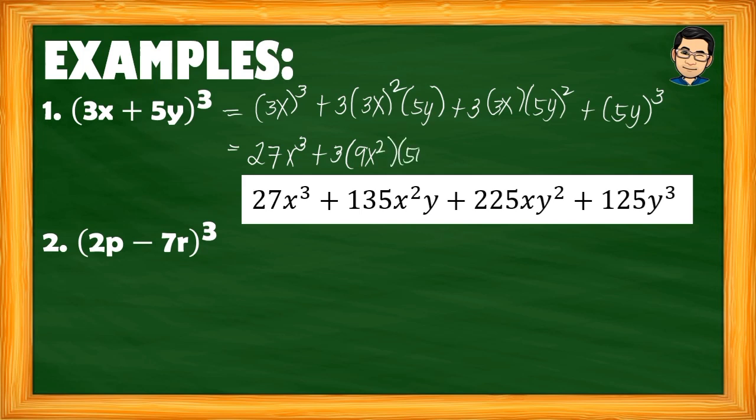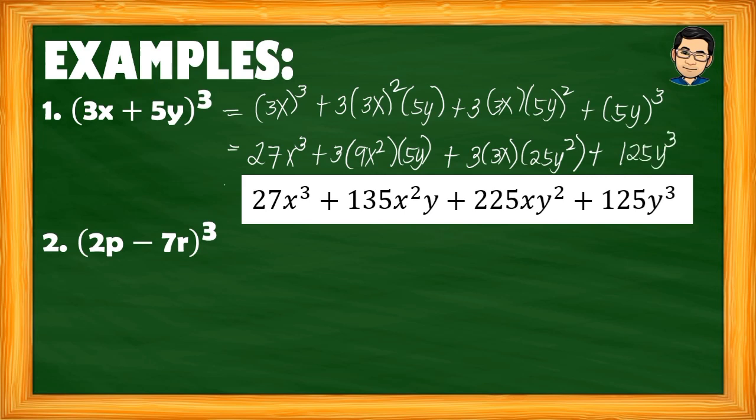Times 5y. Plus, so 3 times 3x, and then the square of 5y, that is 25y squared. And then, cube the last term. So, 5y times 5y times 5y, that is 125y cubed.